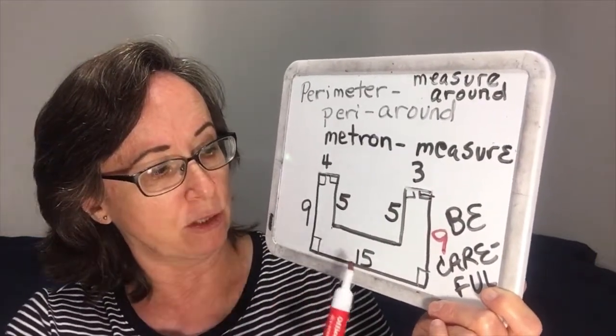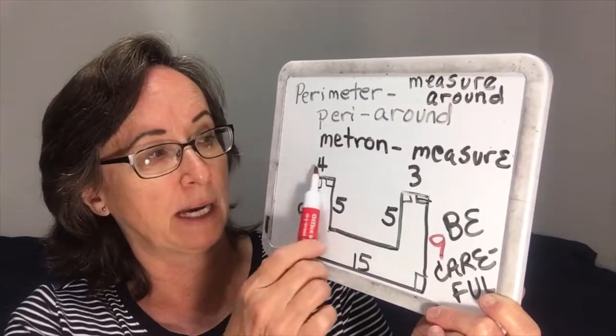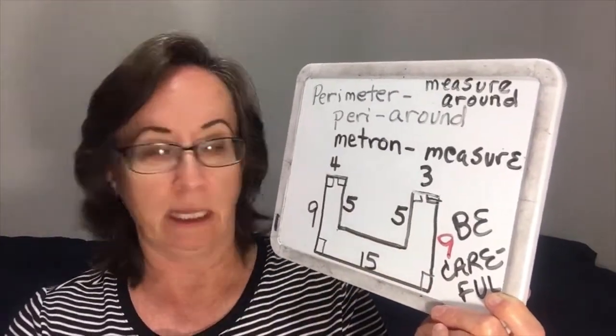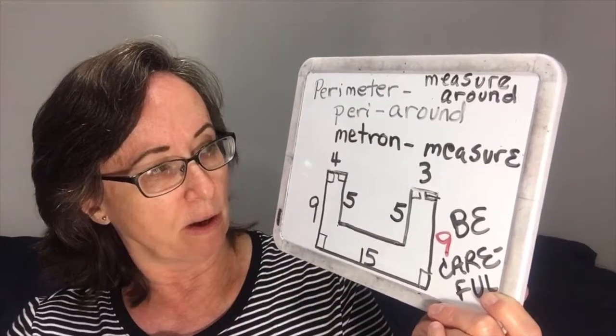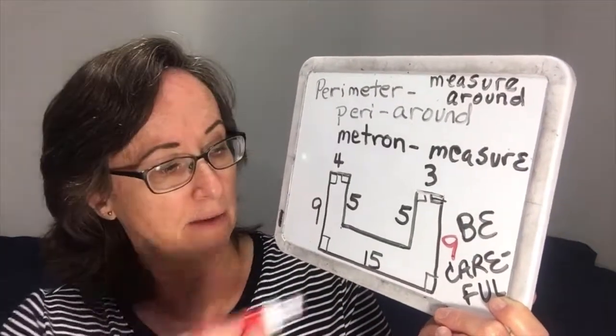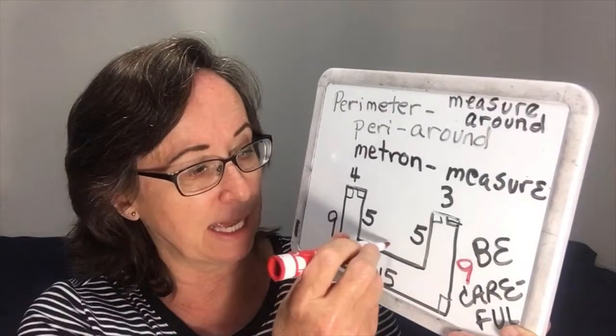So if we took 15 minus 4 minus 3, we would get this distance here. 4 plus 3 is 7. 15 take away 7 is 8.